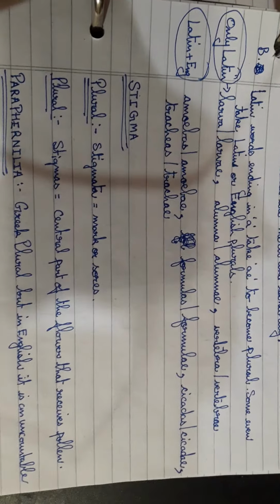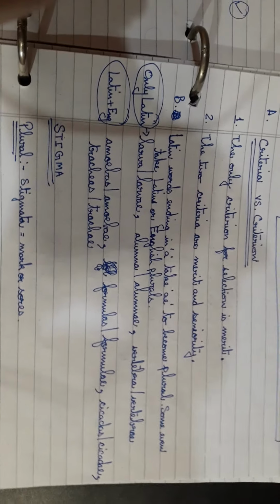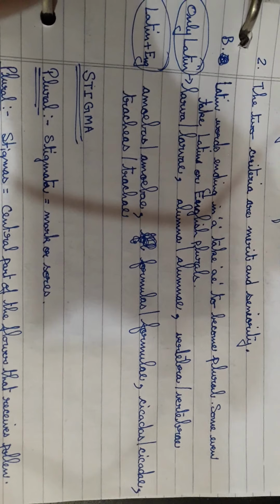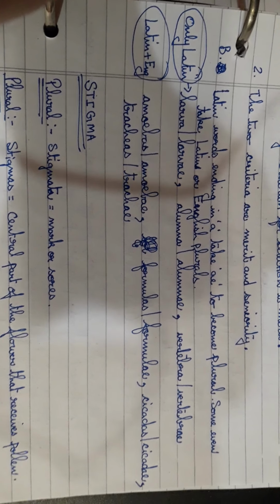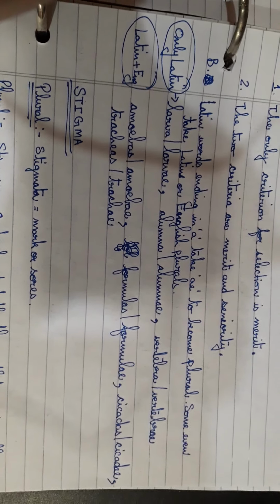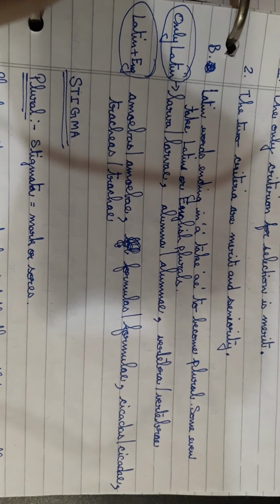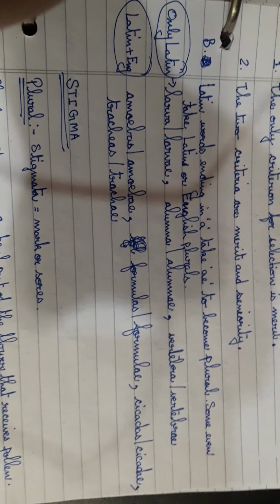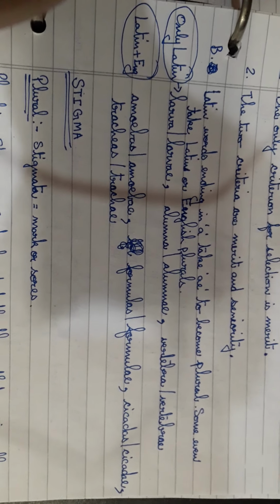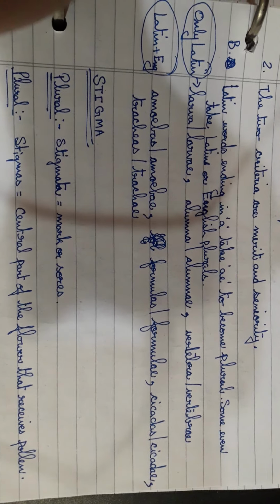Stigma. Now, stigma has two meanings. One is some kind of a mark or some kind of sores or wounds. For example, when Christ was crucified, he had stigmata on his body. So stigmata refers to marks or sores. And stigmas means the central part of the flower that receives pollen.